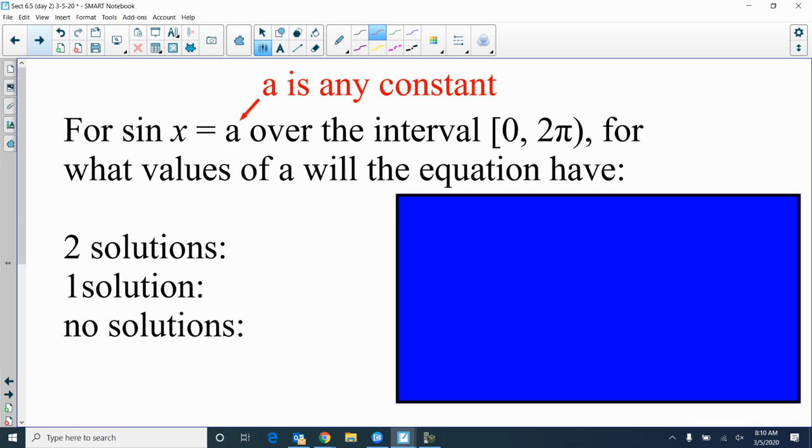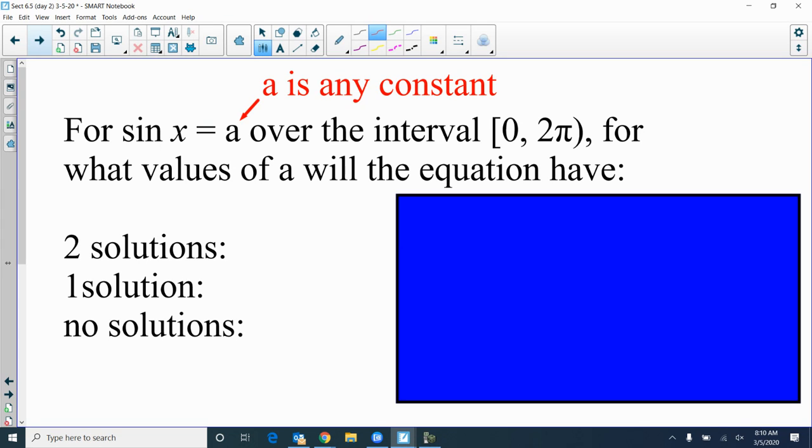Now, just in general here, we're going to go over a couple other things that aren't on your guided notes. So you have a little bit of room there, but you're probably going to need something else. In general, I need you to have an understanding here. For different problems, you're either going to get 2 solutions, 1 solution, or no solutions from 0 to 2 pi.